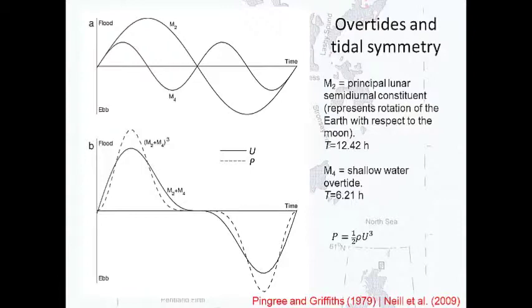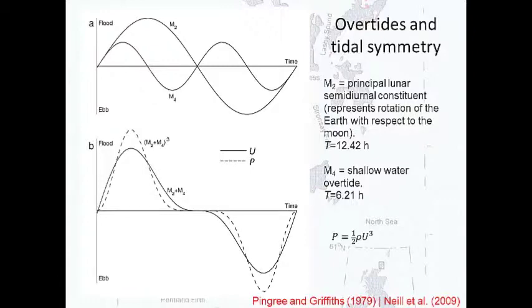So the example shown here is the M4 constituent. That's the first harmonic of the M2. And it's the sort of thing that's responsible for phenomena like double high waters that you get in the English Channel. Okay, and it's also responsible for asymmetry, as I'll show in the next slide.